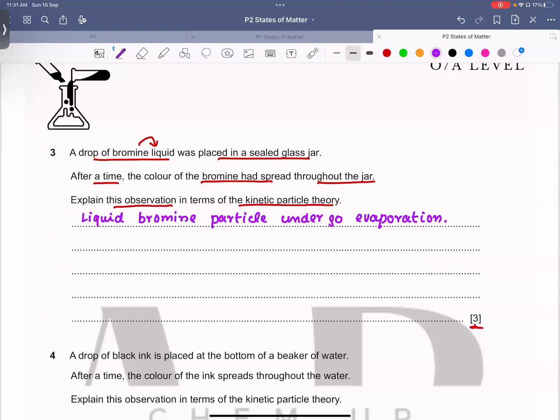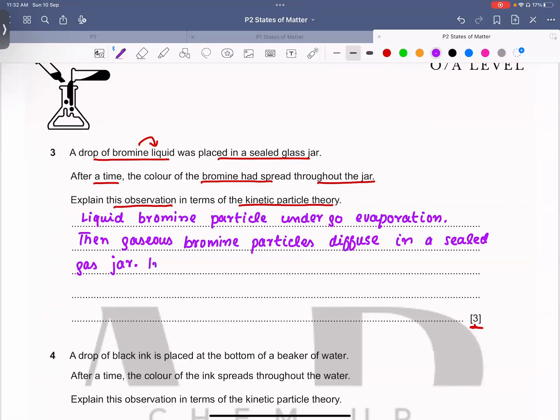Okay, well, then, you can write undergo diffusion in a sealed gas jar. Then that will cover your 2 marks out of 3.